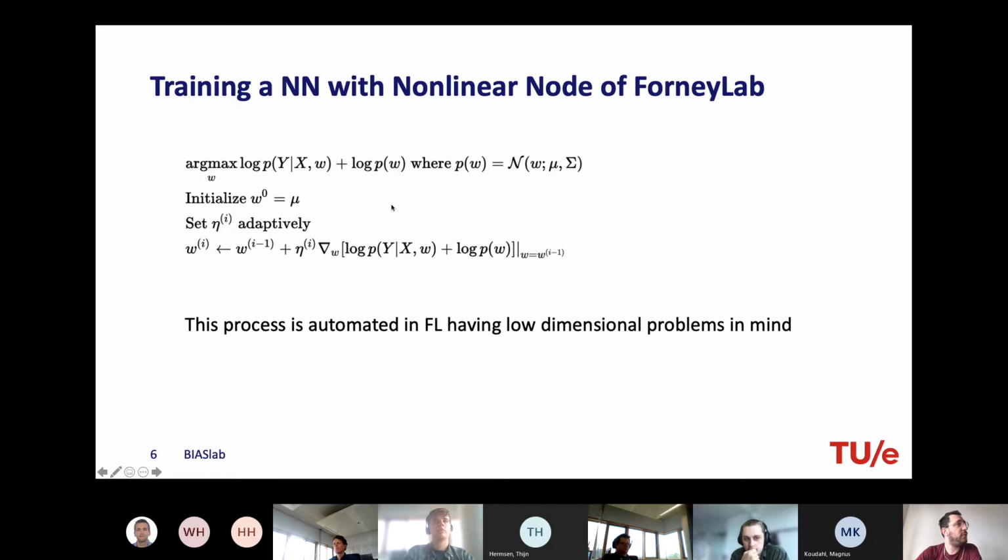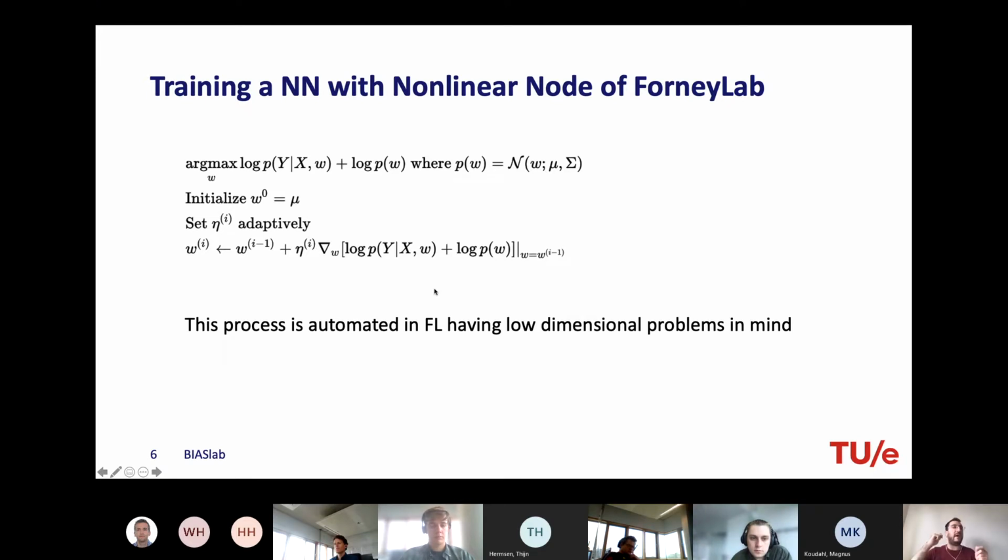The way we do it is that we initialize W0 with the mean of the prior. Then we have a system that adaptively sets the learning rate, and we use classic gradient ascent to maximize this objective.